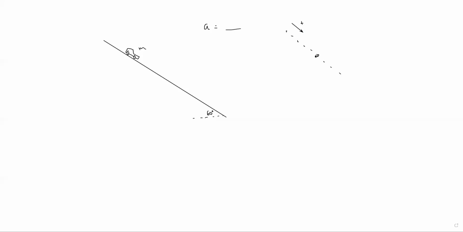And we have a force of gravity that is straight down. We'll call this mg. And we have a normal force, which is perpendicular to the plane. So that's the normal force right there. And this is the y-axis. This angle is going to be 60 degrees.